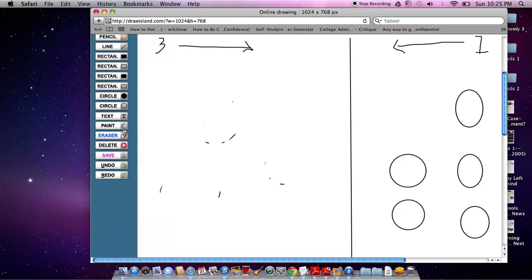So 1, 2, 3. And then the rate at which it goes backwards is 1. Awesome.